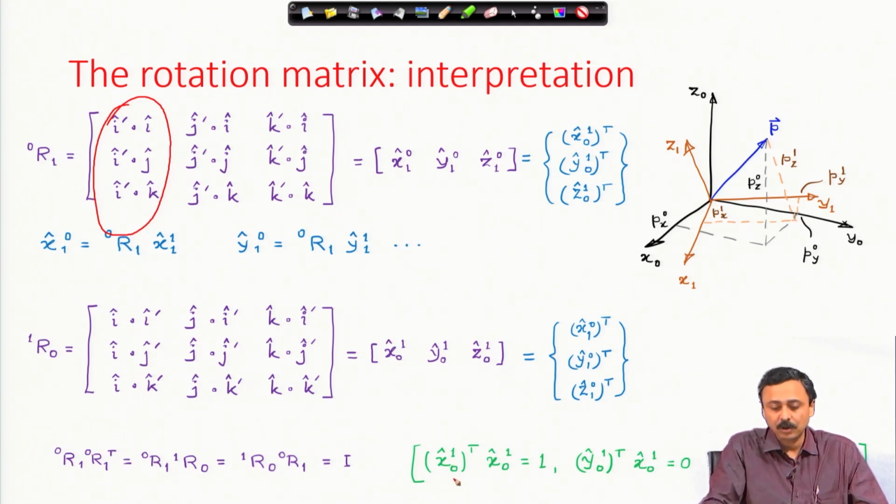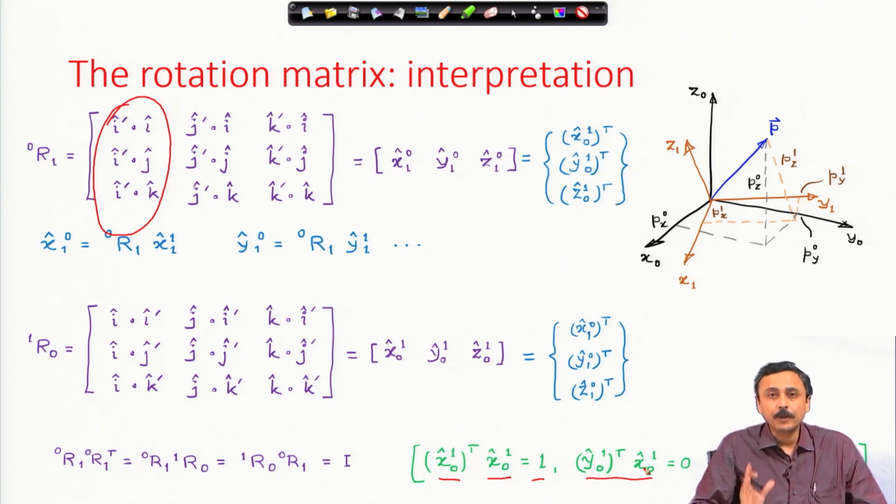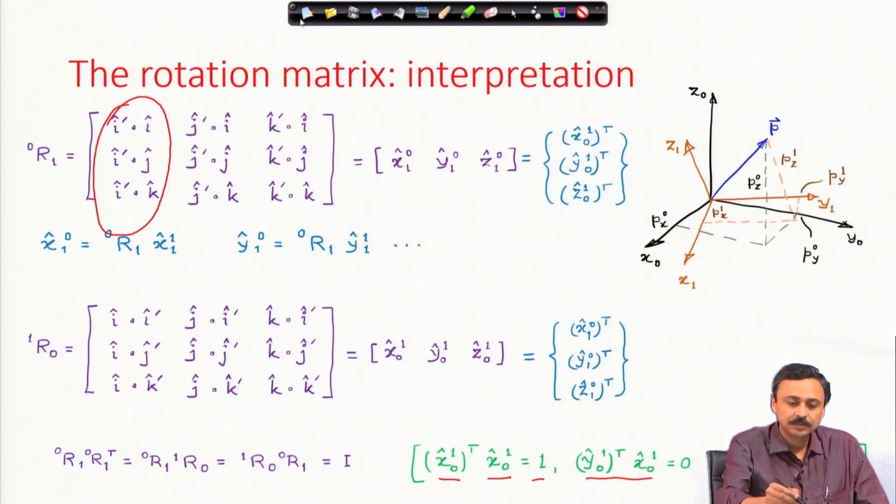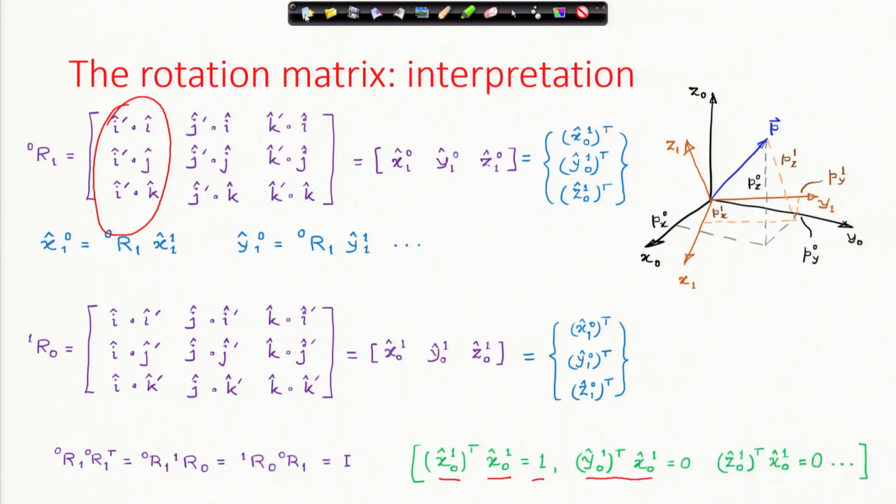The dot product of the first column with itself is 1, but the dot product of any column with another column or any row with another row is 0. The dot product of any column with itself is 1, the dot product of any row with itself is 1. So, these are unit vectors, always the columns or rows are unit vectors, but they are all orthogonal.